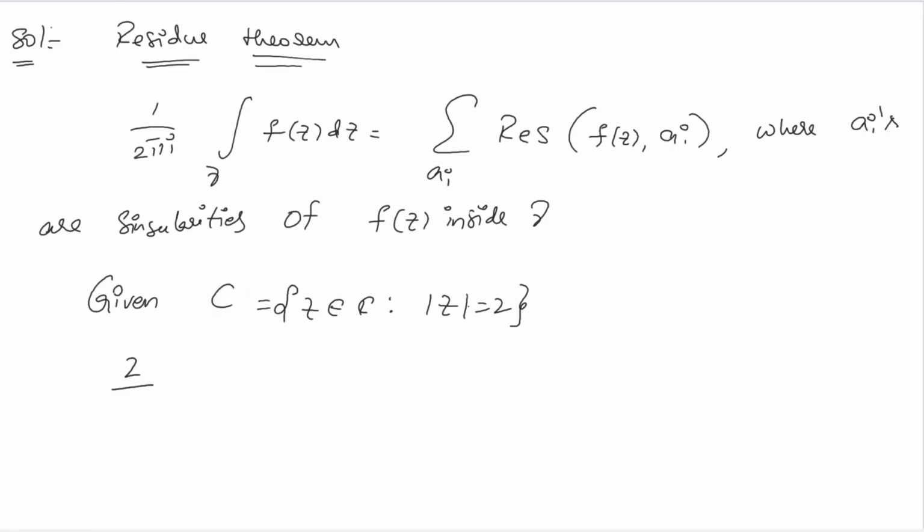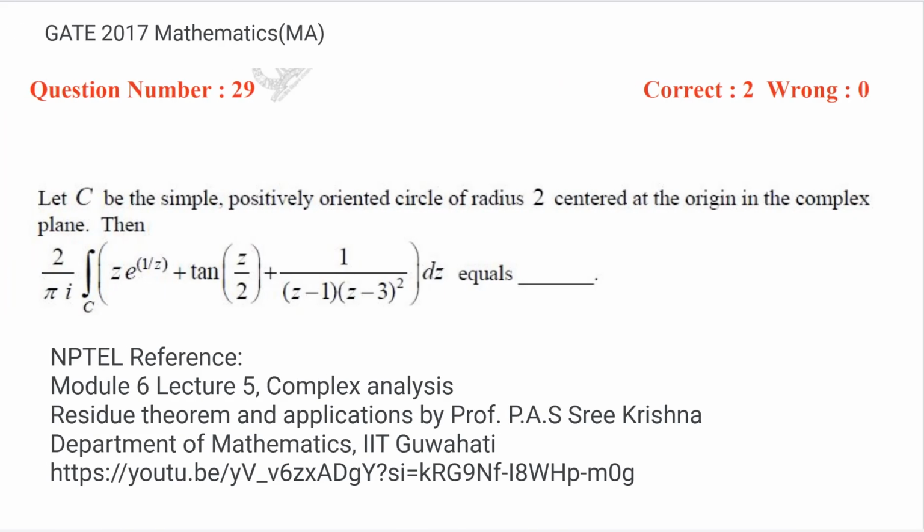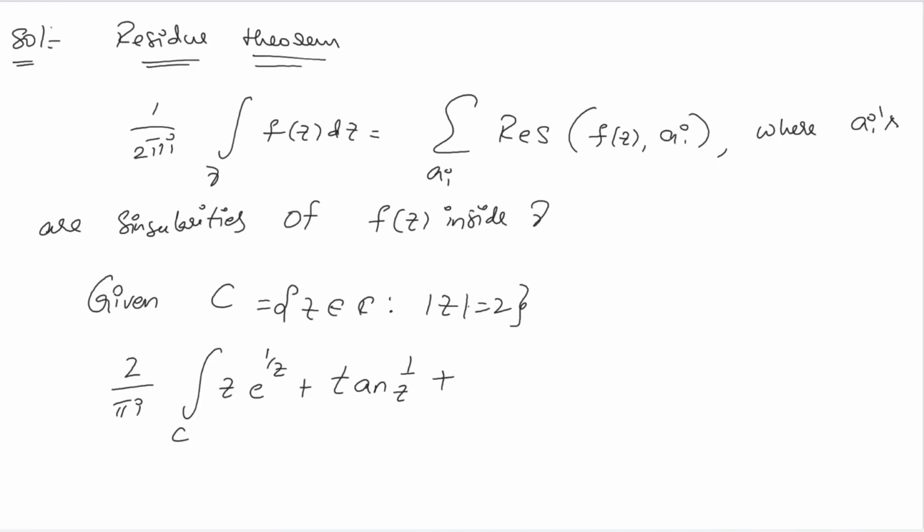Now we have to calculate the value of 2 divided by pi i times the integration over C of z times e to the power of 1 divided by z plus tan z divided by 2 plus 1 divided by z minus 1 times z minus 3 whole square dz.